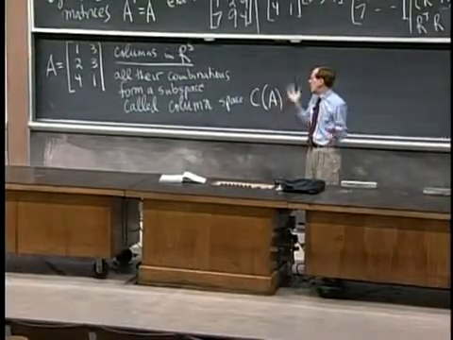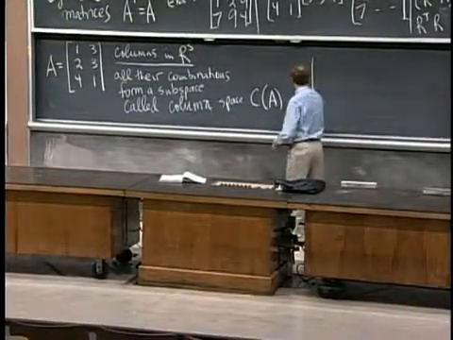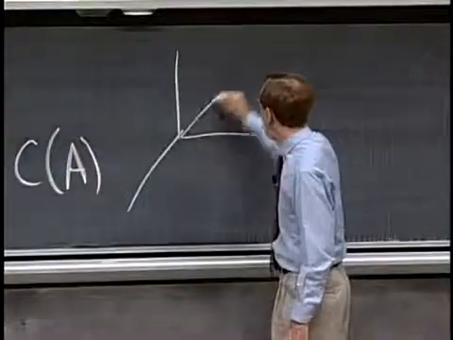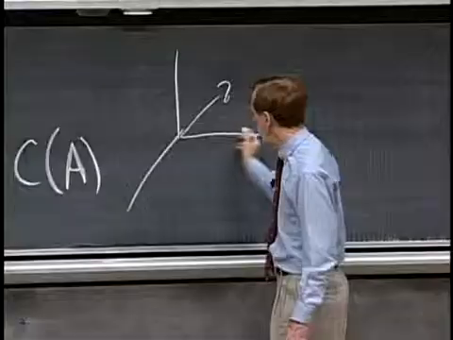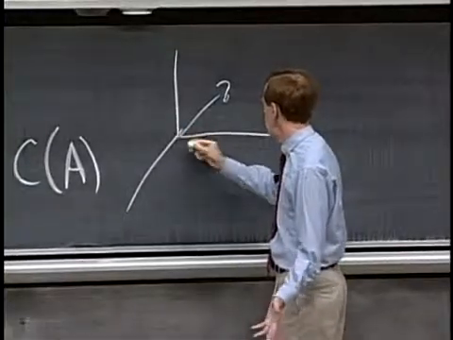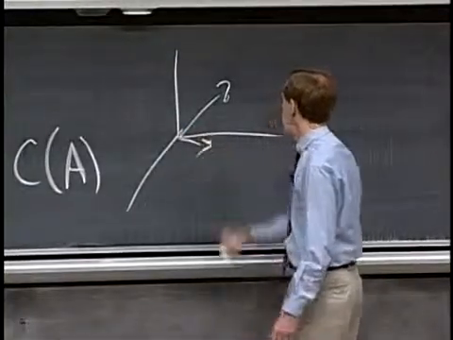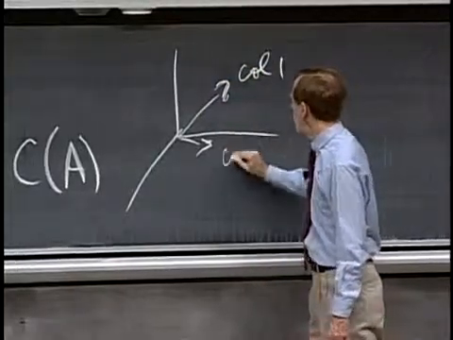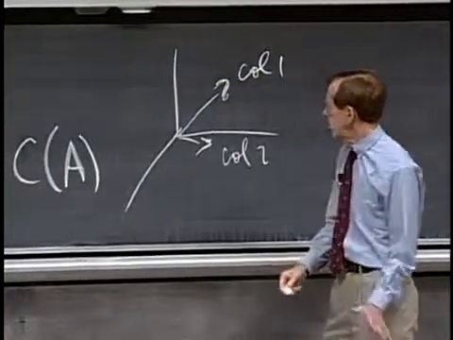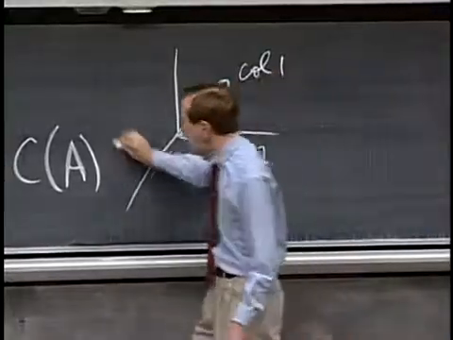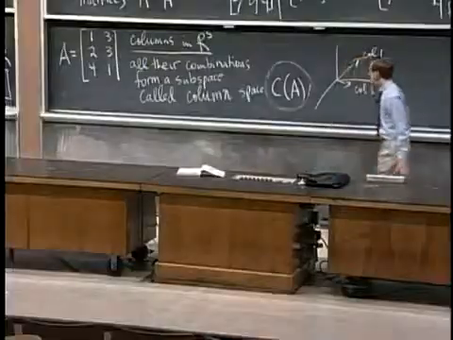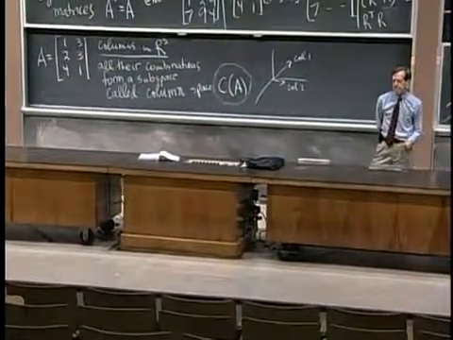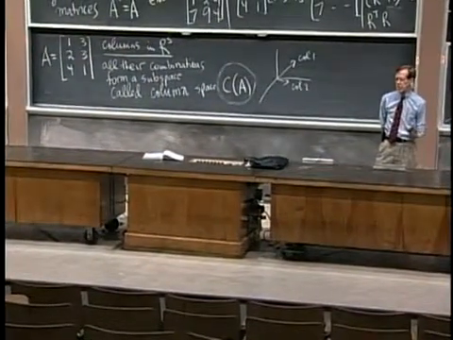So tell me, geometrically, if I drew 1, 2, 4, that would be somewhere maybe there. If I drew 3, 3, 1, who knows, I'll say there. There's column 1. There's column 2. What else is in the whole column space? How do I draw the whole column space now? I take all combinations of those two vectors.